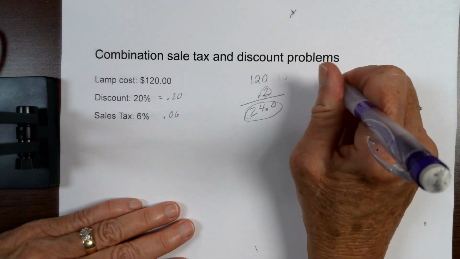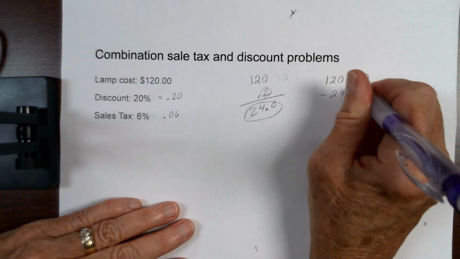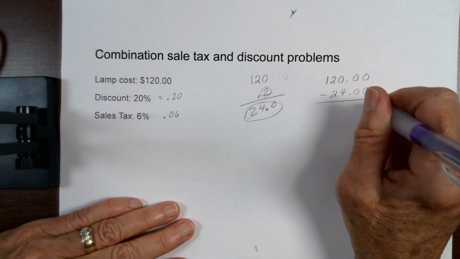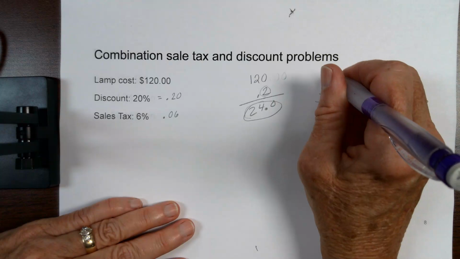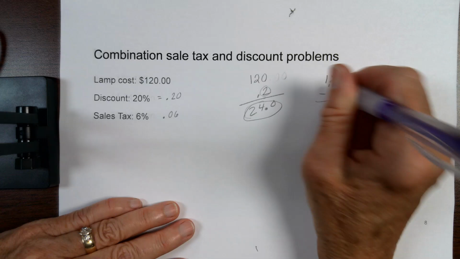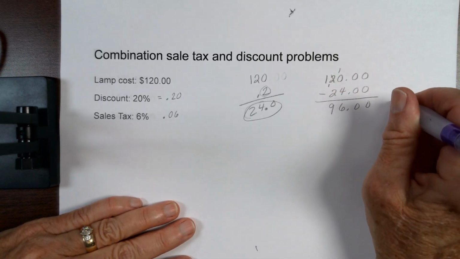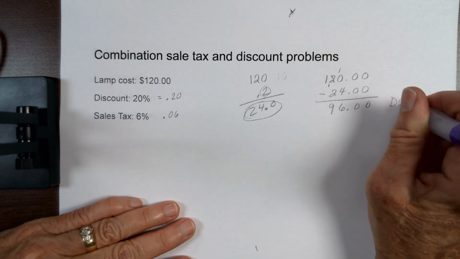So I've got $120 minus $24, and that's going to give me my new price. So I borrow, it's going to give me a 6. I'm going to borrow, that's going to be 11. So I have the new price, this is the discounted price, $96.